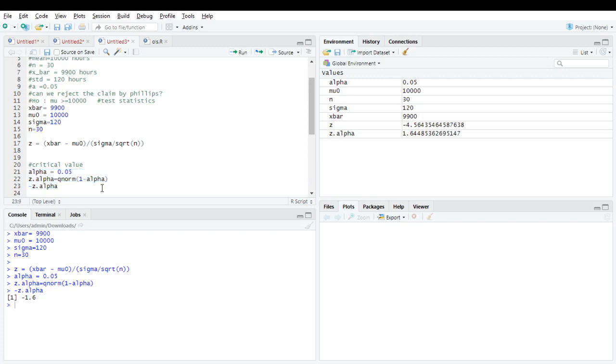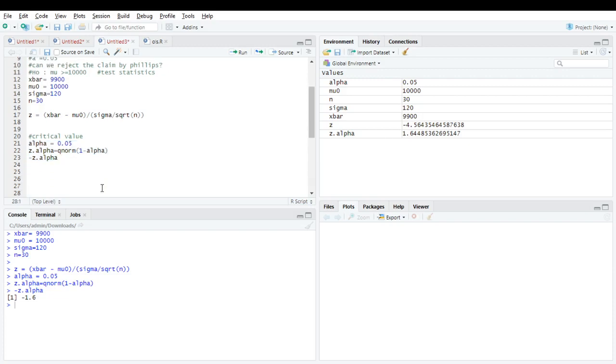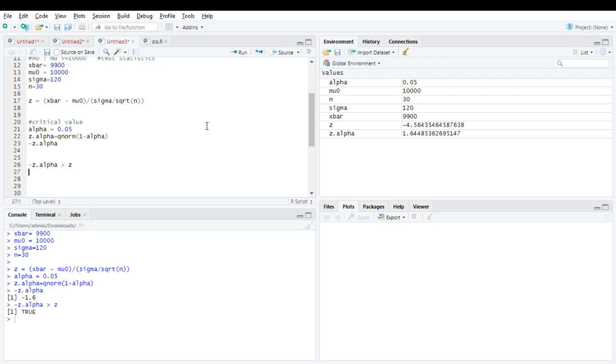Okay, so if you do one logical test right now, that your minus z alpha is greater than your z value, you will get true. Okay, that means the value of our z is very less than the critical value.